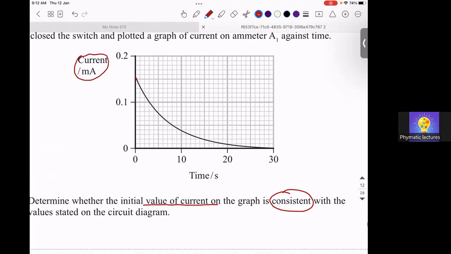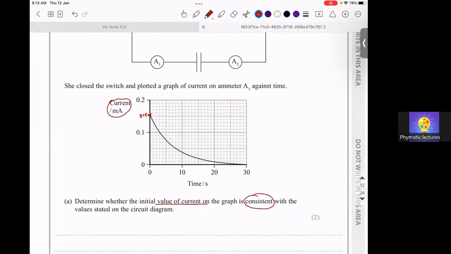The current is given in milliamperes, so nearly 0.15 milliampere is the initial current through ammeter A1. Any objections, my dear students? No, right? So this is the initial current we obtained from the graph, and we need to check whether this is consistent with the circuit value.